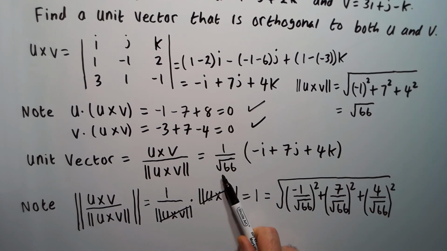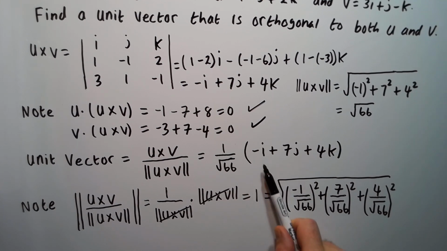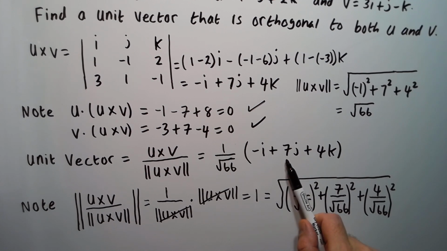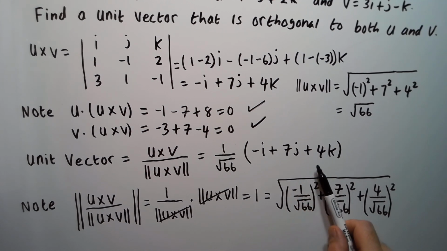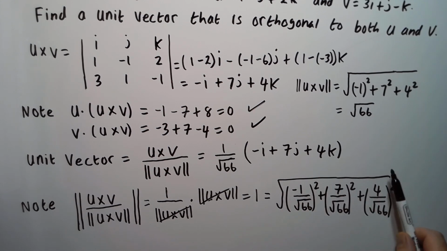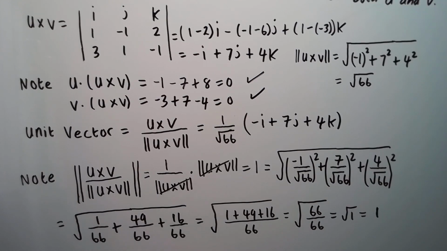So if you multiply the 1 over the square root of 66 in, the i component would be negative 1 over the square root of 66, the j would be 7 over the square root of 66, and the k would be 4 over the square root of 66. We'll be squaring these and taking the square root. We need to show this is 1. Squaring gives 1 over 66, 49 over 66, and 16 over 66.